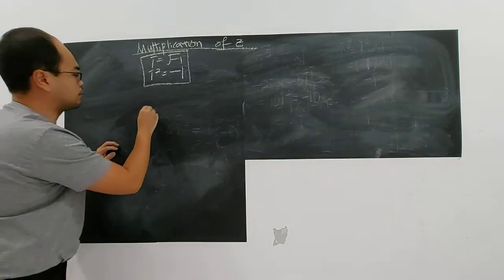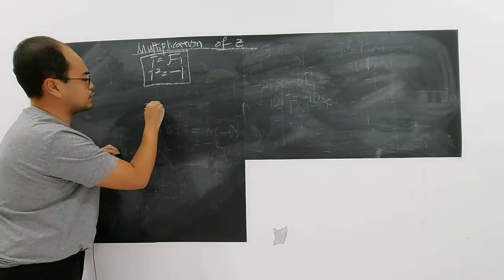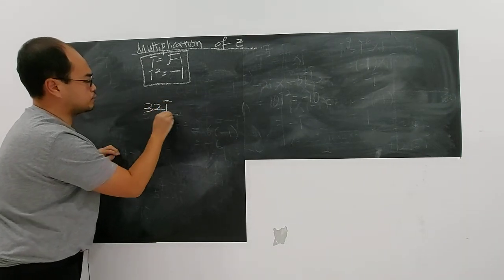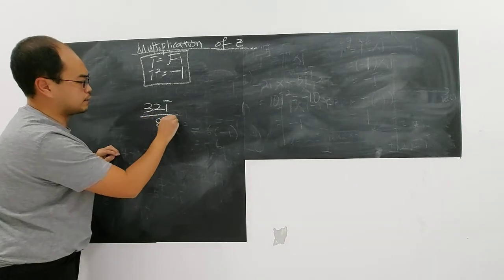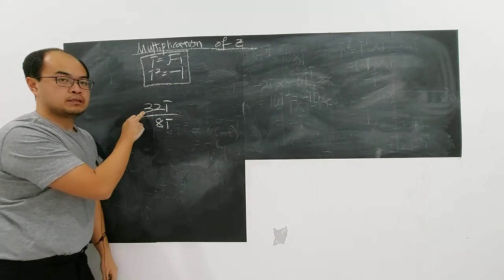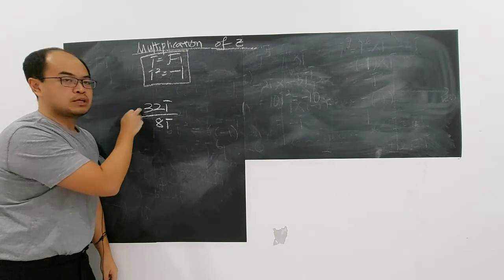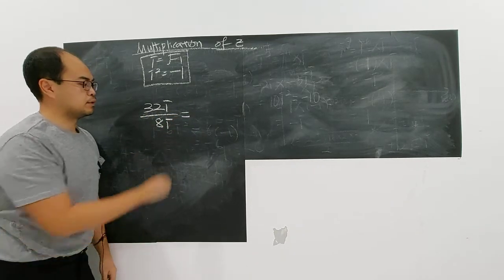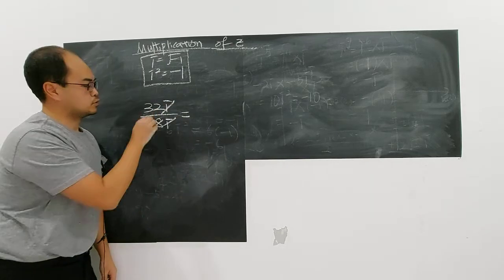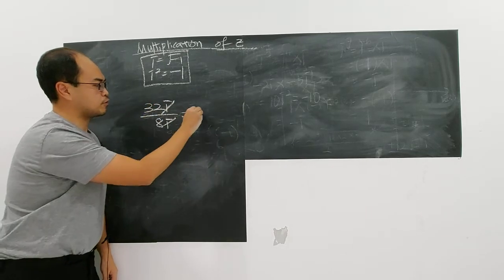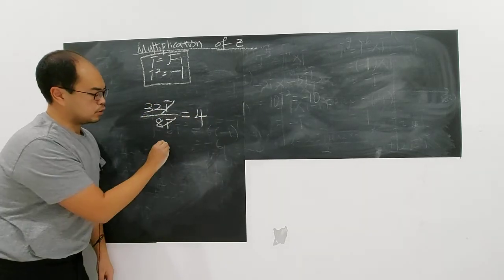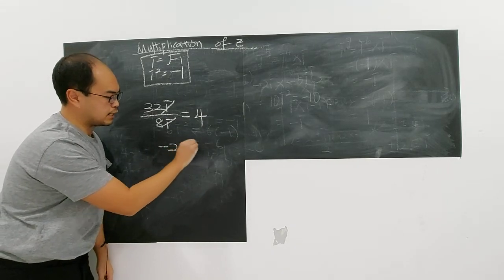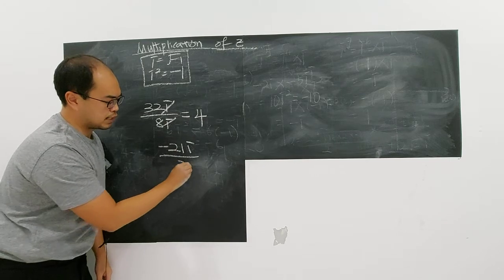It's also true when you divide two imaginary numbers. For example, 32i divided by 8i, division of two imaginary numbers, you will still get a real number because the i will cancel off. So 32 divided by 8, you get 4. Or you take negative 21i divided by 3i.